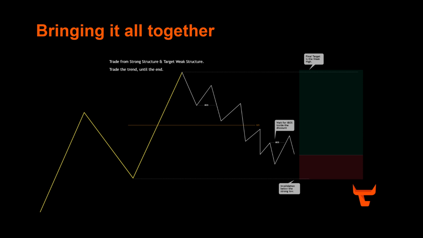As you can see from this diagram, we wait for the IBOS inside the discount. We have an invalidation below the strong low, because as we know, if the trend is to continue, the strong low will hold and the weak high will be taken. Therefore, we have an entry point, we have an invalidation, and we have a final target.